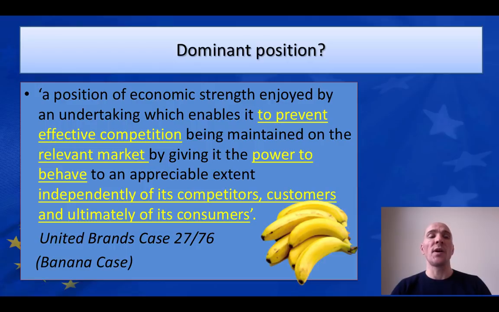The definition that we can find of a dominant position in that case is a position of economic strength enjoyed by an undertaking which enables it to prevent effective competition and being maintained on a relevant market by giving it the power to behave to an appreciable extent independently of its competitors, customers, and ultimately of its consumers. So you see, it's very similar to these other definitions that we have been given. I will explain the United Brands case in the following slides.